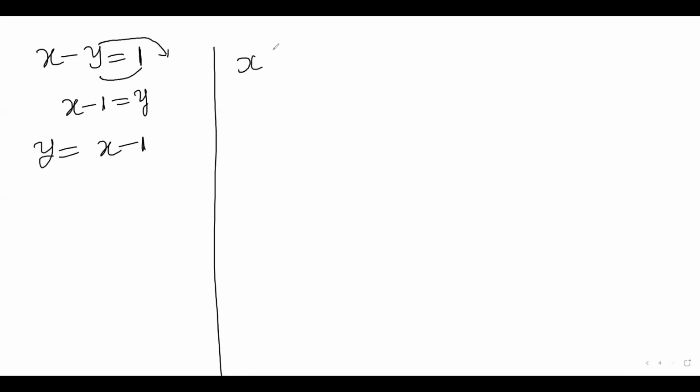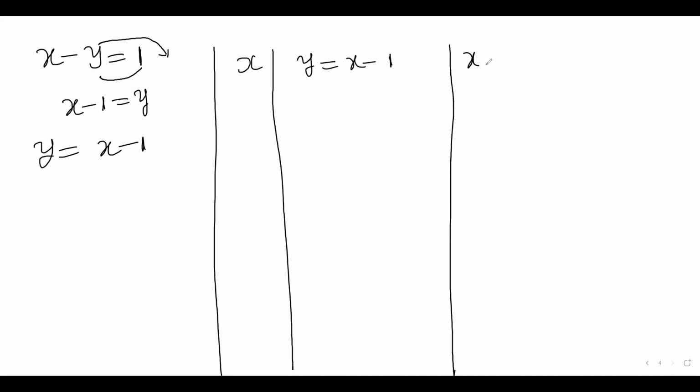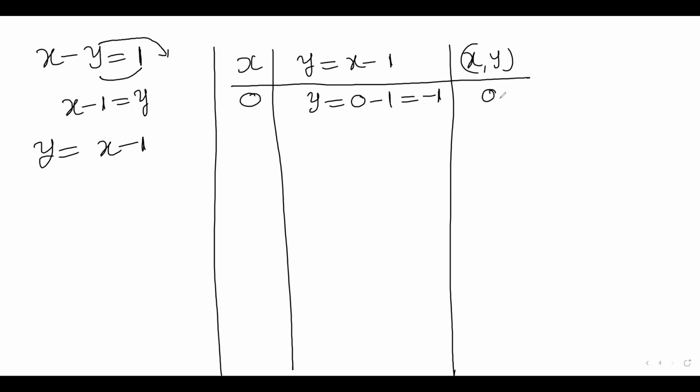Write x in the first column, equation in the second column, xy in the third column. Randomly take some number starting from 0. X is 0. 0 minus 1 is equal to -1. So the point is 0 comma -1.